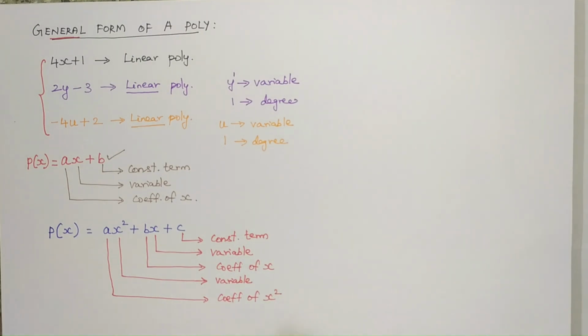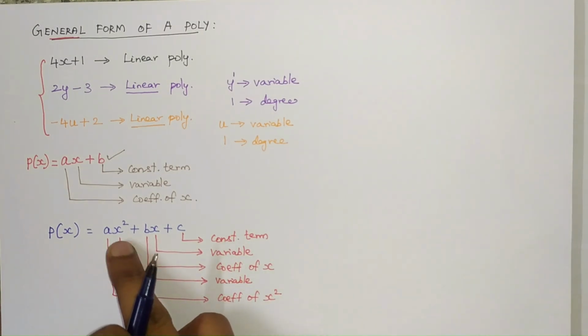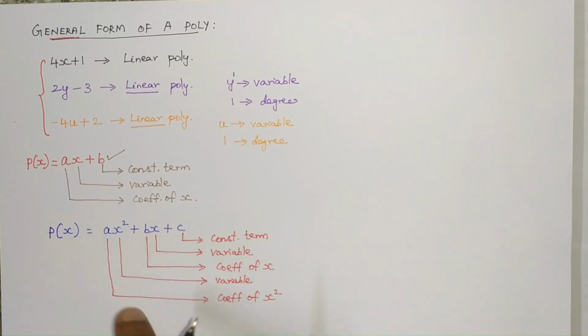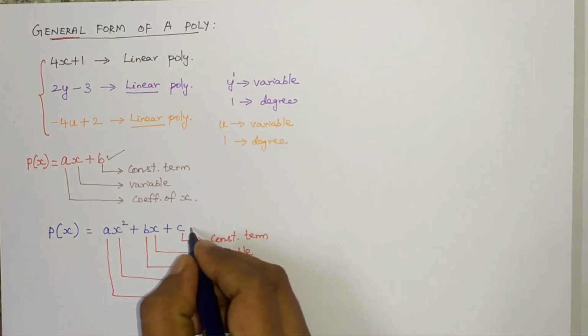Okay. What is the degree it has? It has a degree of 2. The highest degree is 2 here. So this is the general form of expressing a quadratic polynomial.